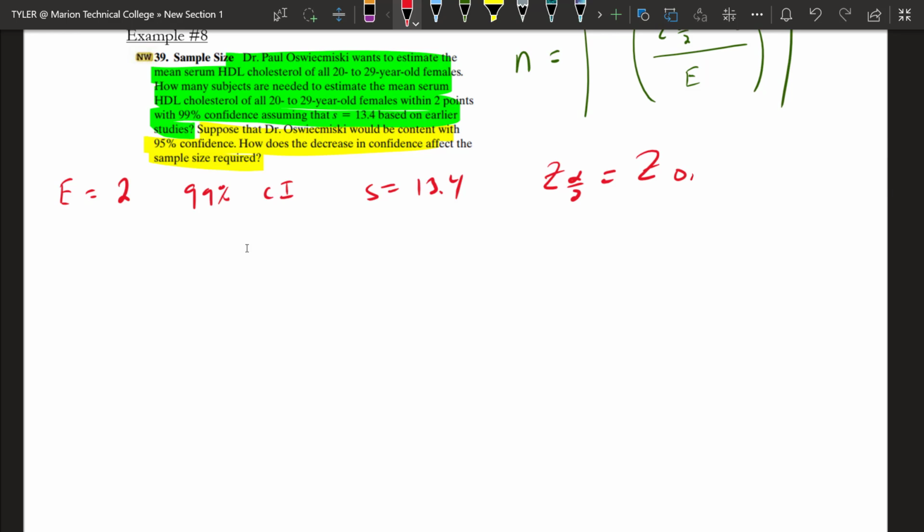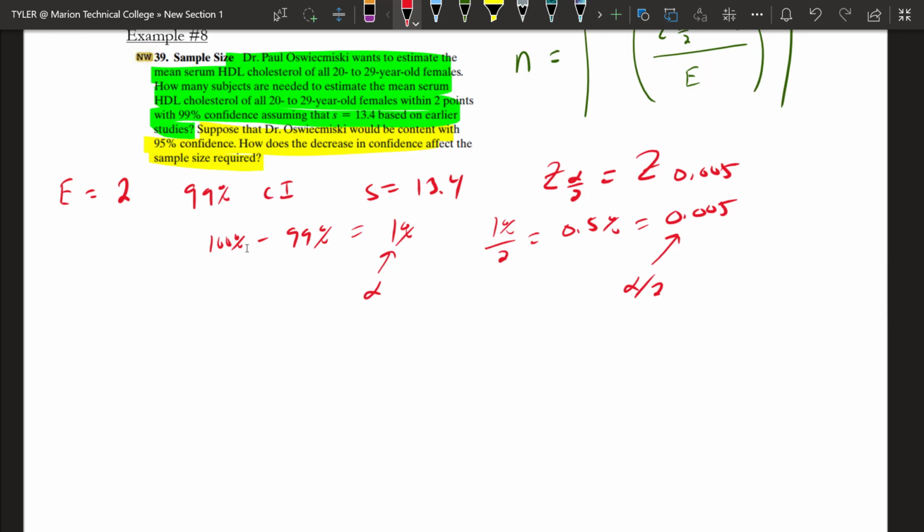Because you would take 100% minus 99%, which equals 1%. And then if you take 1% divided by 2, that's 0.5%, which is equal to 0.005. So that's alpha divided by 2.